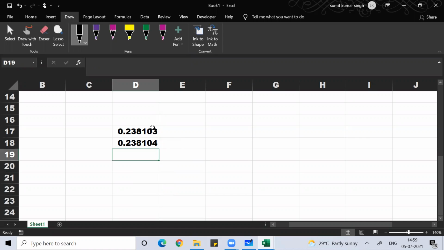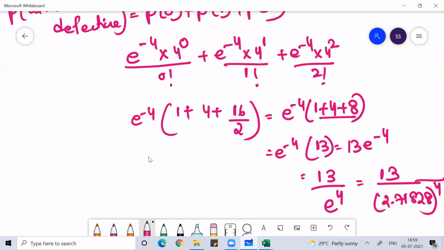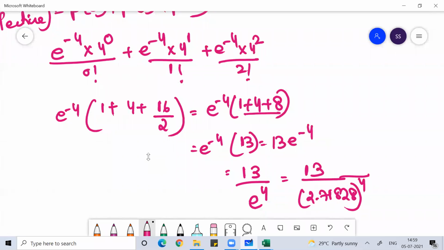In the sixth digit you are getting a difference, otherwise both mean the same. So the answer is 0.2381. Clear, everyone? So your answer is 0.2381.